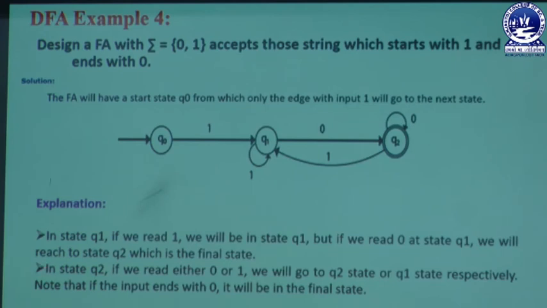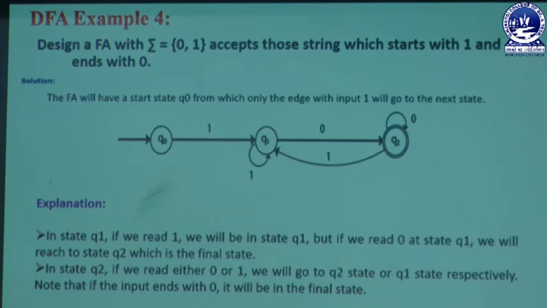In state Q2, if we read either 0 or 1, we go to the Q2 state or the Q1 state respectively, as mentioned here. Whenever Q2 reads 0, it is self-redirected. Whenever Q2 reads 1, it is forwarded to Q1, which is already mentioned here.